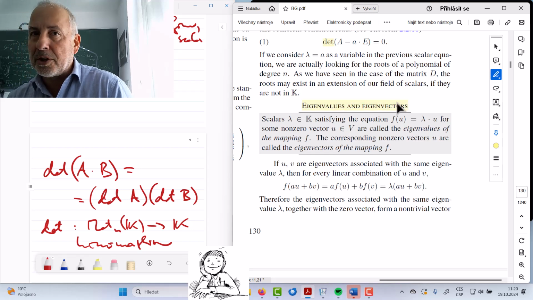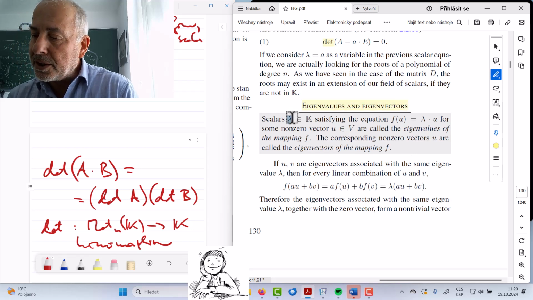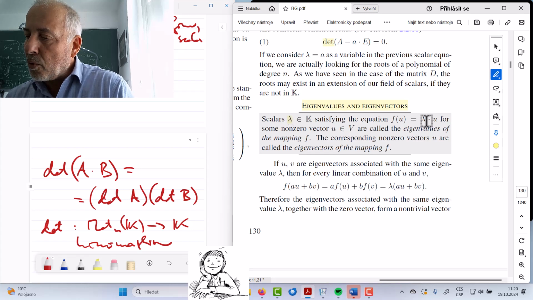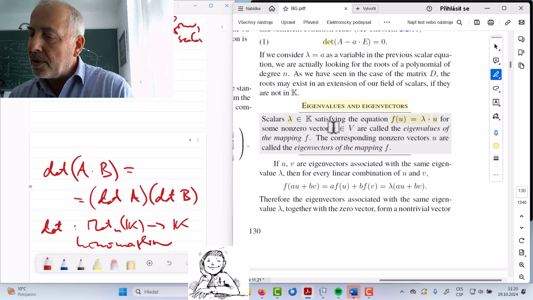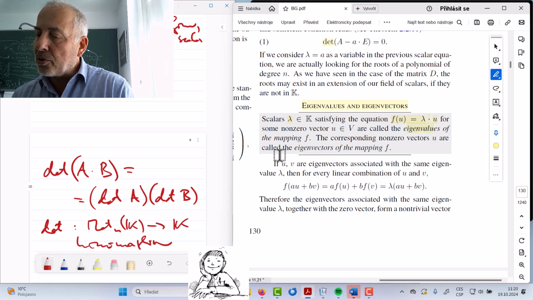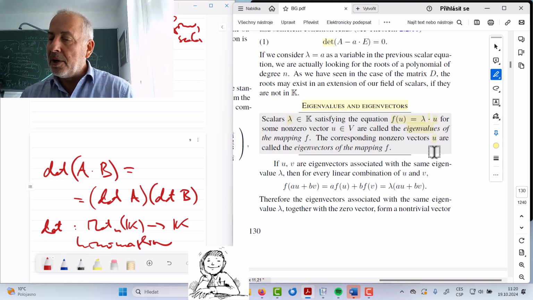So that works quite nicely, and we can come back to our exposition because we can define what the eigenvalues and eigenvectors are. We say that a scalar which allows for a non-zero solution of this equation is called an eigenvalue, and the corresponding non-zero vectors, which are defined up to a constant, are called eigenvectors.